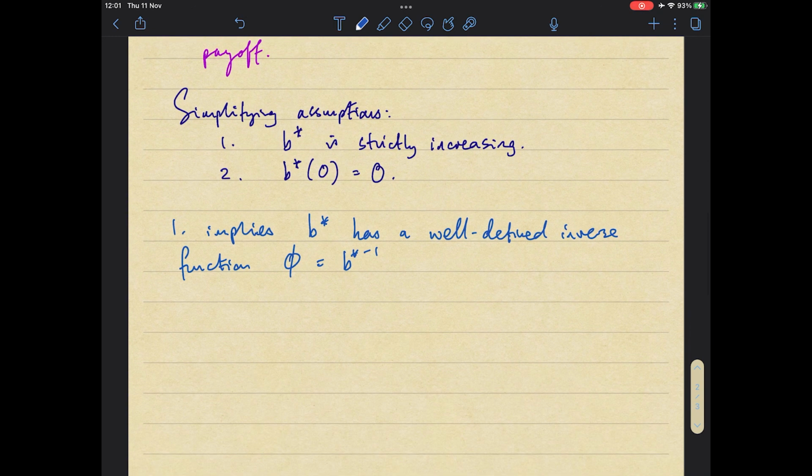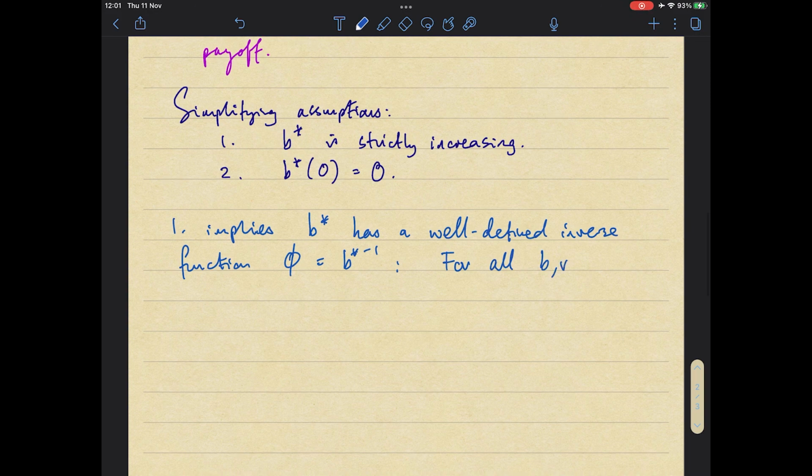What does that mean? Okay, just to remember what that means, it means that for all bid-value pairs, this function phi of B equals V if and only if B star of V equals B. Okay? So a person with value V in equilibrium is plugging it into this equilibrium function B star, and out pops a bid B. Now, if we invert that expression, how would we interpret this side?